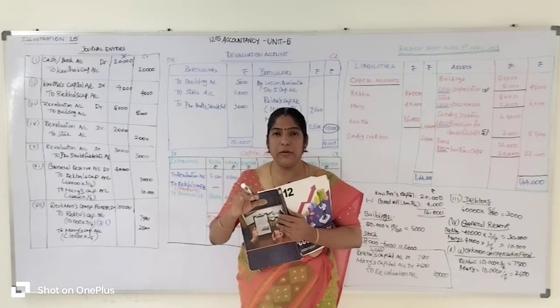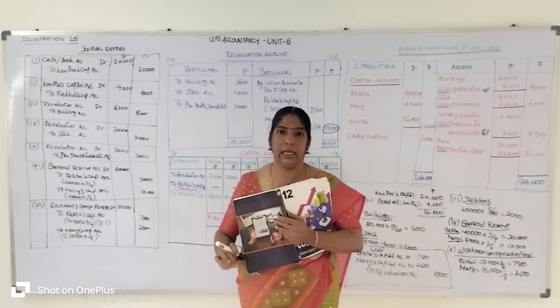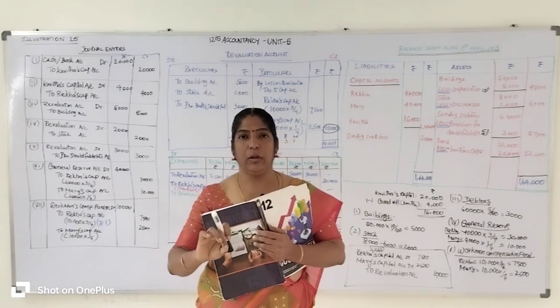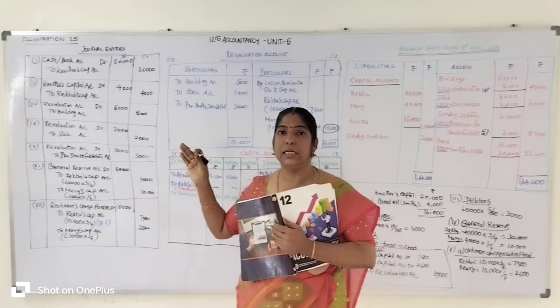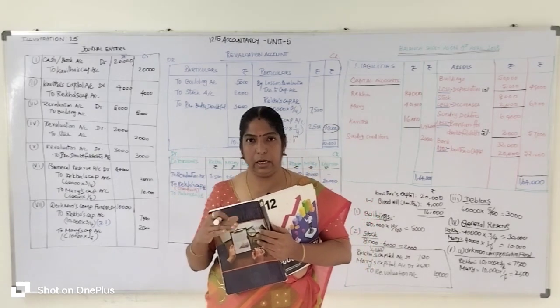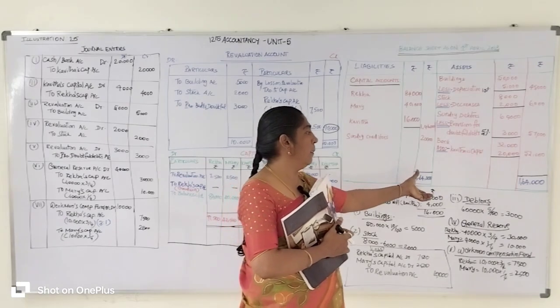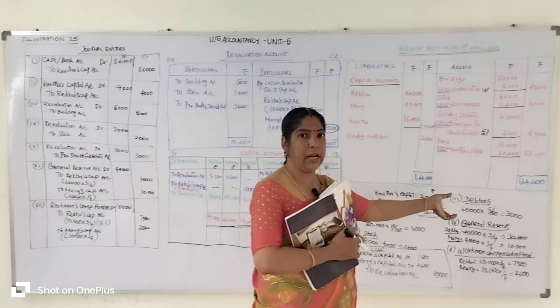It will be easy for them to prepare the ledger account without any mistake. So whenever you prepare the ledger account, I advise you to pass the journal entry from the given information. Without any mistake, finally you will get the clear and correct answer, the balance sheet.